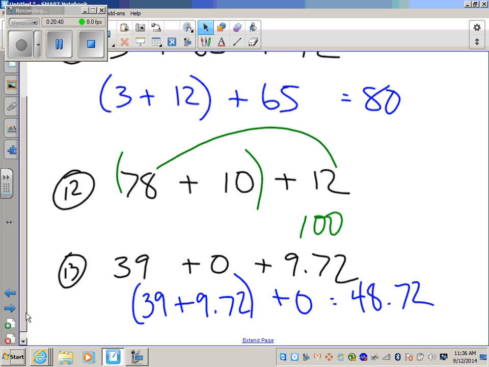Here, it's obvious that at some point we're going to use the identity property, but we also had to group them a certain way before we could get to the identity property. So it's a little bit associative, a little bit identity, but the bottom line is whatever you can use to help make the work a little bit easier for you, okay?